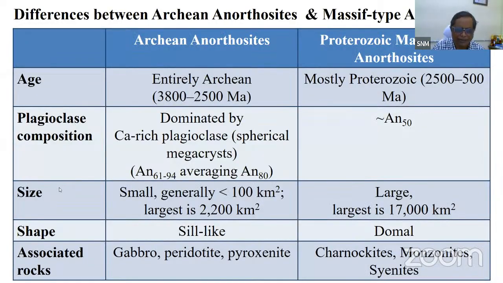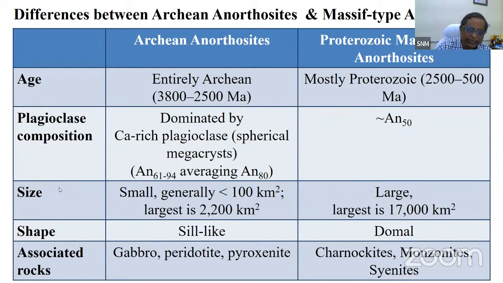Now, coming to two very important types of anorthosites of the terrestrial rocks, that is Archean anorthosite and Proterozoic massive type anorthosite. As you can see here, the age restriction of Archean is from 3.8 to 2.5 Ga, whereas Proterozoic anorthosites are reported between 2.5 and 0.5 Ga.